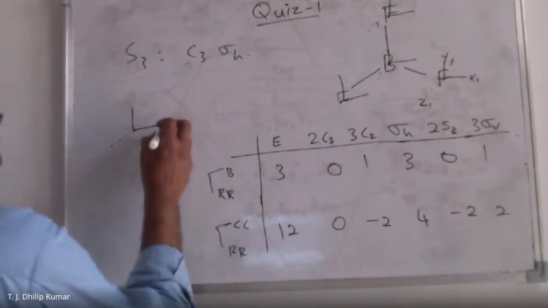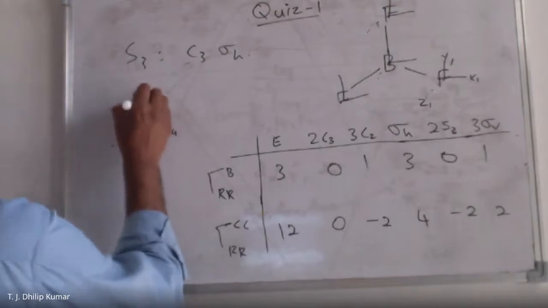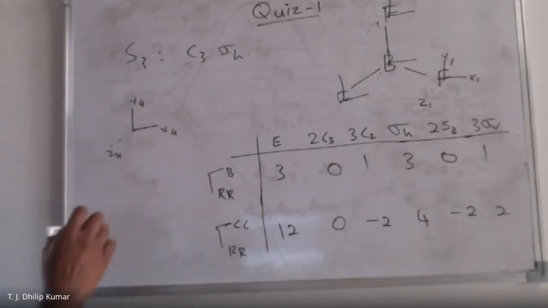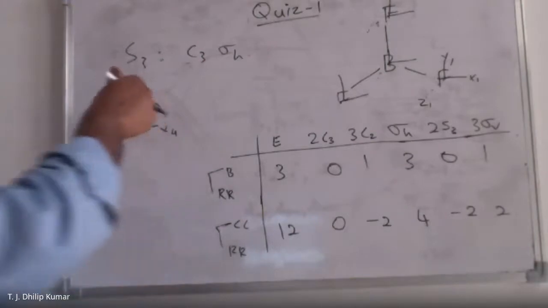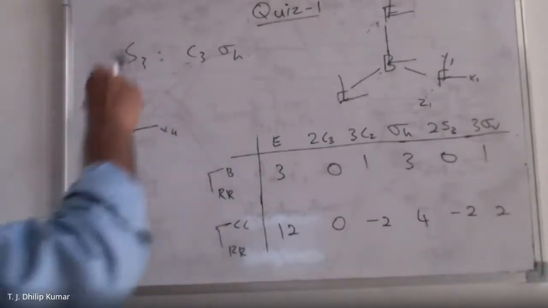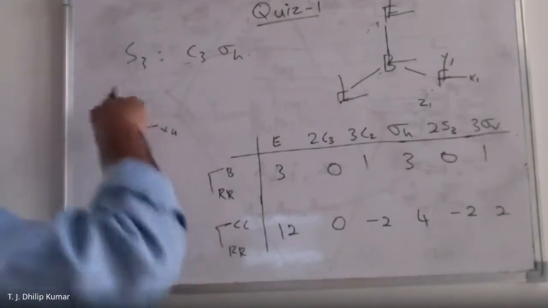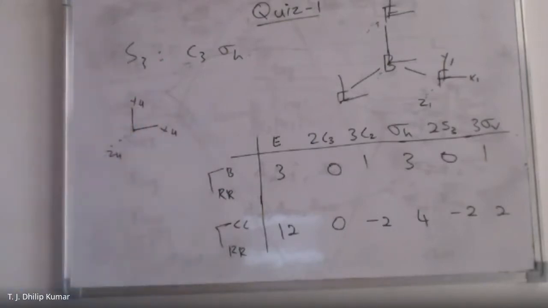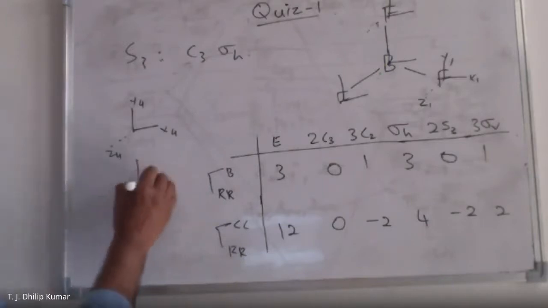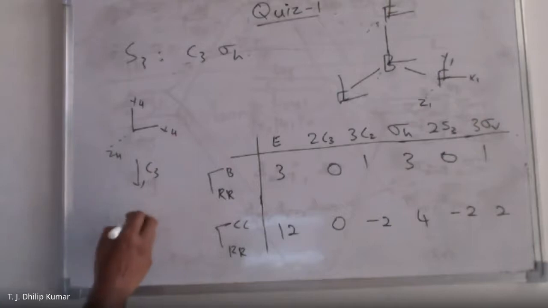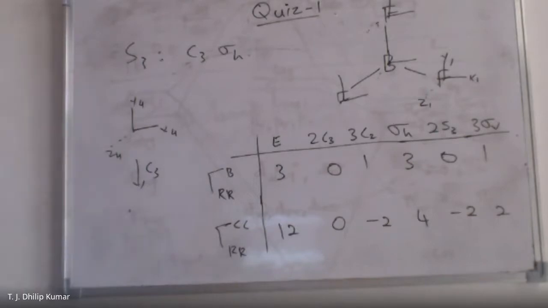Say this is X4, Y4, Z4. Rotate it, and then Z will remain Z, whereas the others give -2. You're rotating this, so this will come here. How do you get this S3?